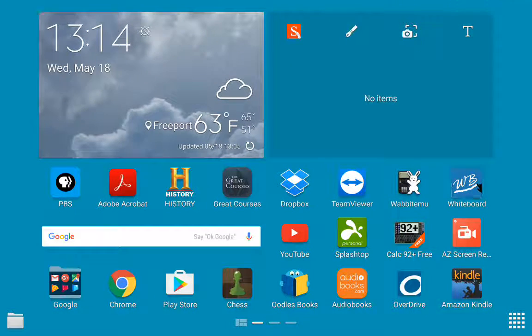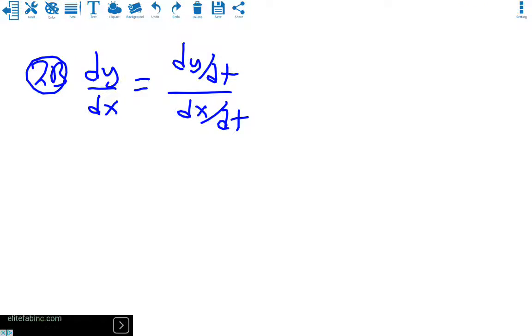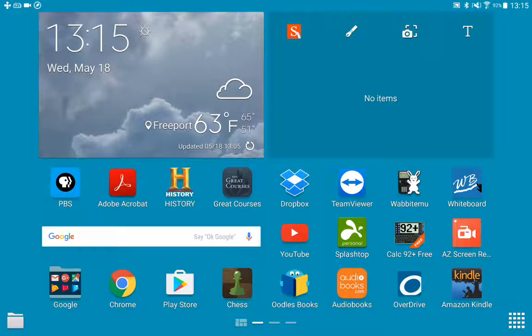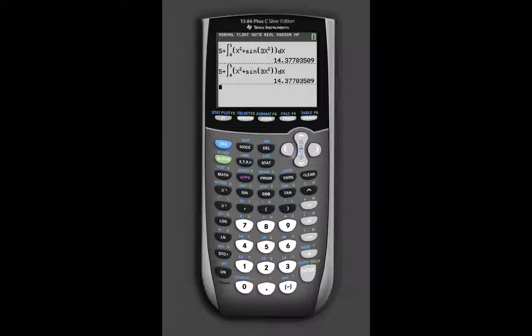So I'm going to have 1/2, the slope of that little line segment, over t squared when t is 3, that's going to be 9, plus sine of 3t squared when t is 3, that's going to be sine of 27. And let's figure out what that is on the calculator. All right, let's just clear this out.